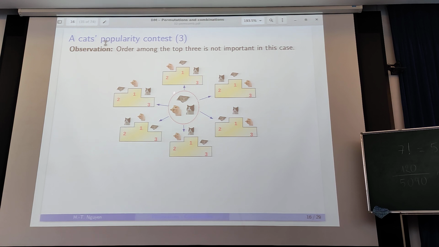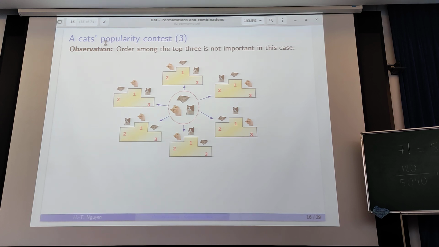So you can see that here the order is not important. Similar to what we saw when we counted the number of r-permutations in the second way, here we can see that if we take the full rank and look at the top 3, and we choose a team from the top 3, then a team can be obtained by 6 different kinds of top 3s.